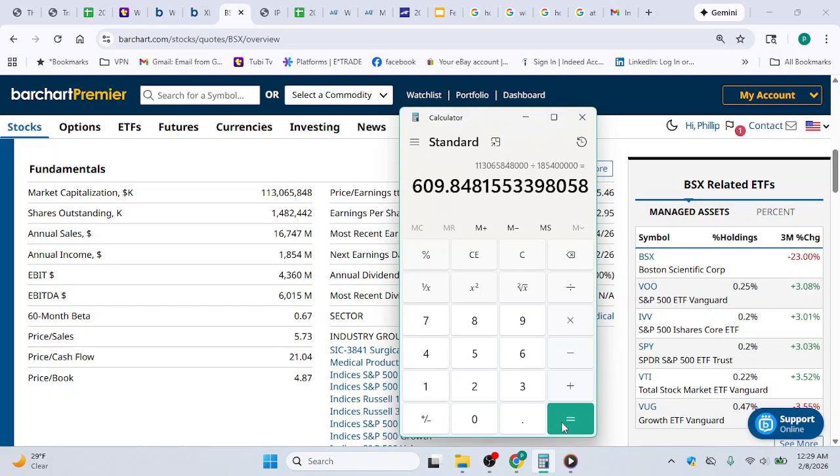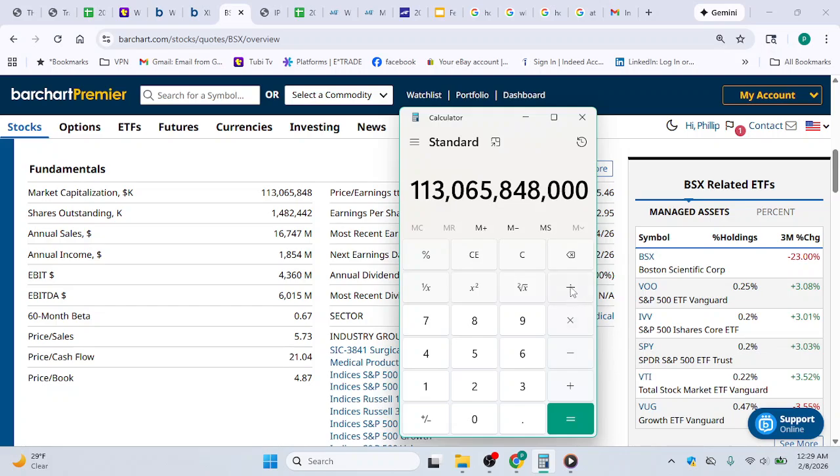And that's going to give us a ratio of 609 times its income. So to me, that's a very high number for this company, that seems really high. I wonder if I did that right. Let's try that again. 113,065,848. So we have to add 3 zeros, 1, 2, 3.